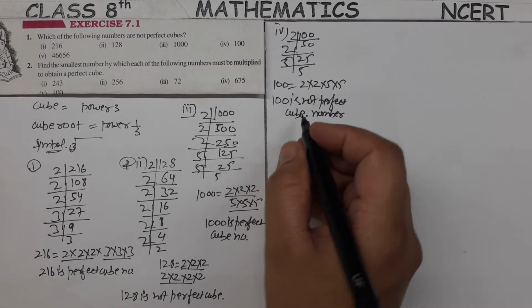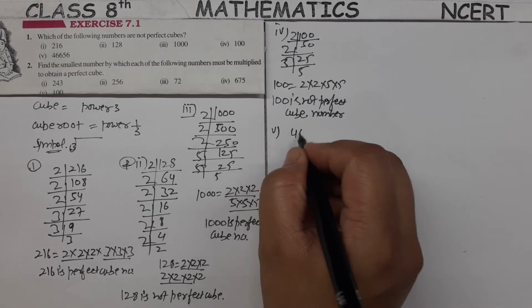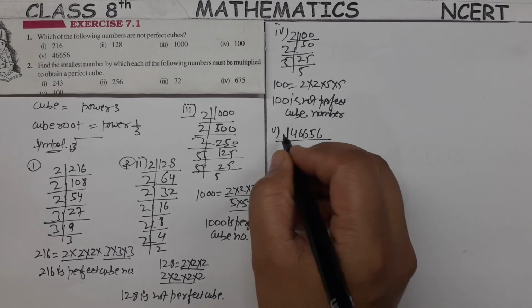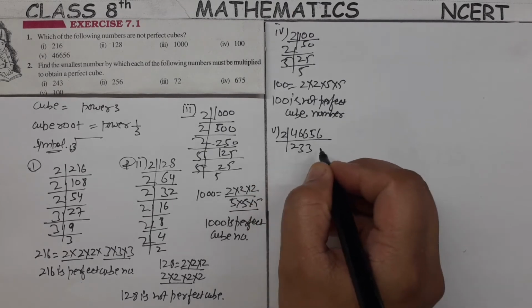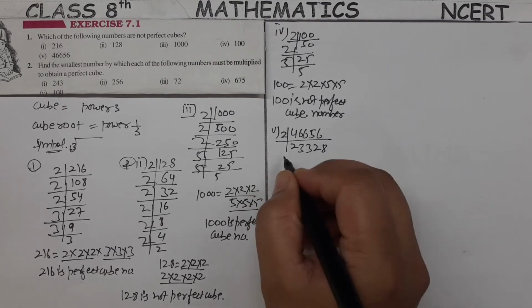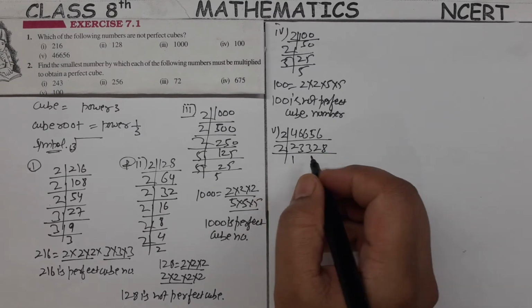Next one is part 5th. Prime factors: divide by 2 again.